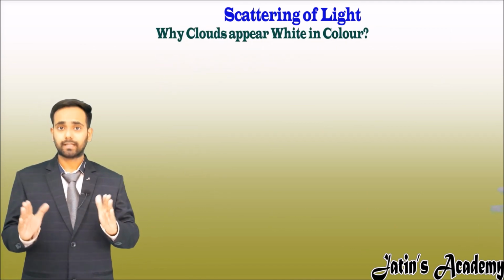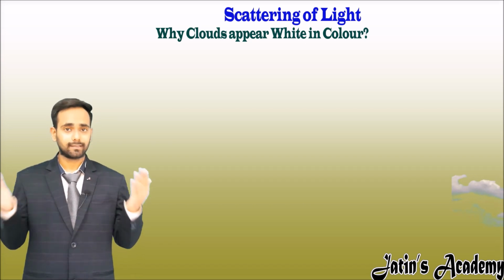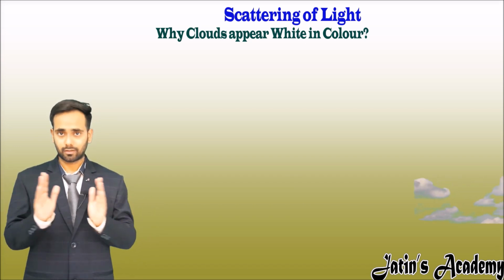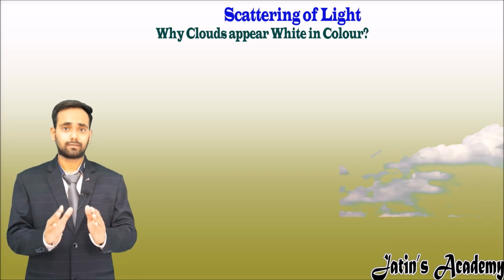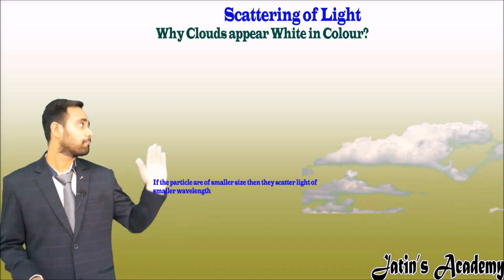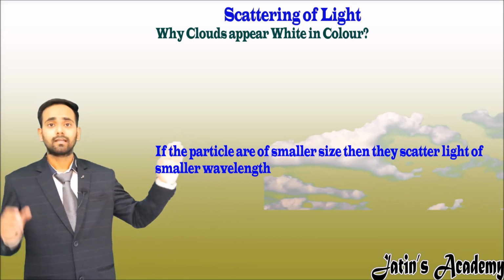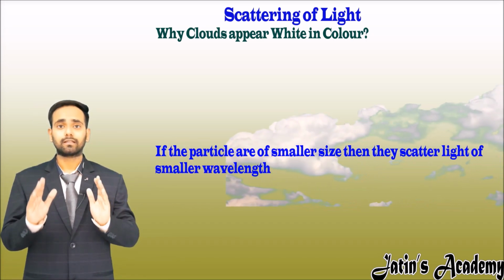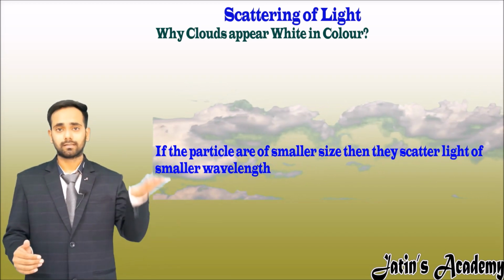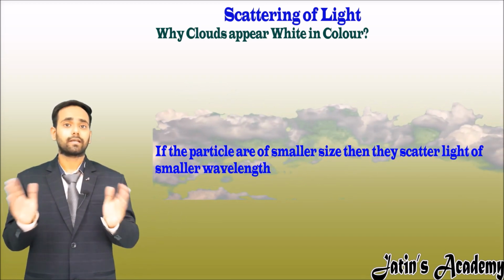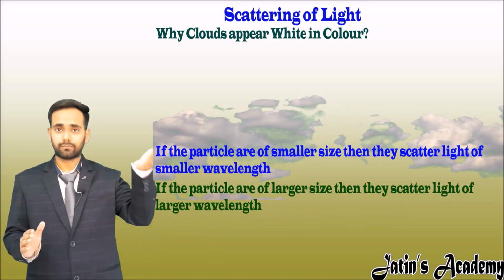Before understanding the color of the clouds, let us understand the relation between the size of the particle and the scattering of light by that particle. For example, if a particle is of smaller size, then the particle is able to scatter light of smaller wavelength, and if the particle is of larger size, then the particle is able to scatter light of larger wavelength.